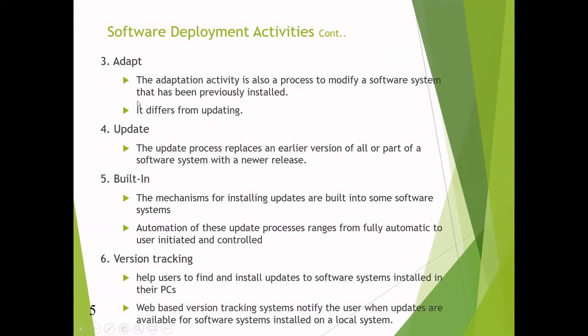And then the other activities are adapt, update, built-in, and version tracking. These are the activities that come under software deployment. Adapt modifies the software system that has been previously installed.